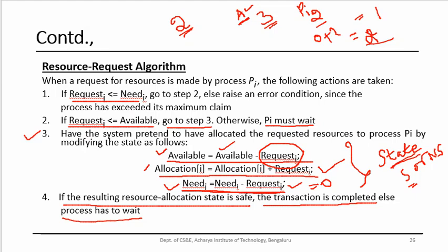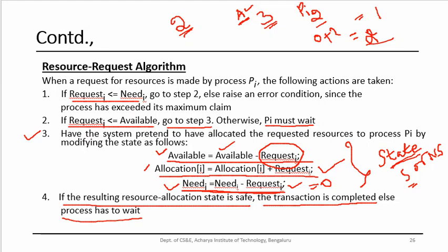If so, then we make the process wait without granting the request. If after you pretend as if you have granted the requested resources, the system does not go to a not safe state as per the result sent by the safety algorithm, then we make this allocation permanent. Okay.